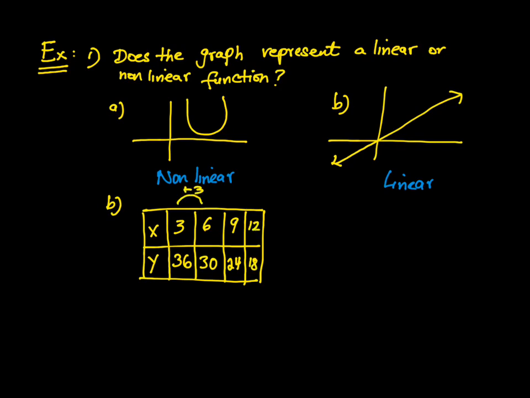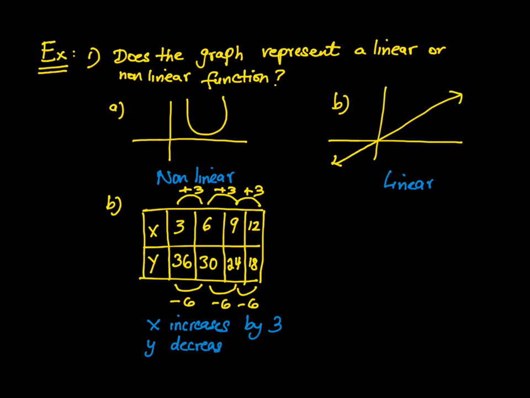So you see that x is increasing by 3, and then y is decreasing by 6. So because the change is constant, it's a linear function. So constant change means it's going to be a linear function.